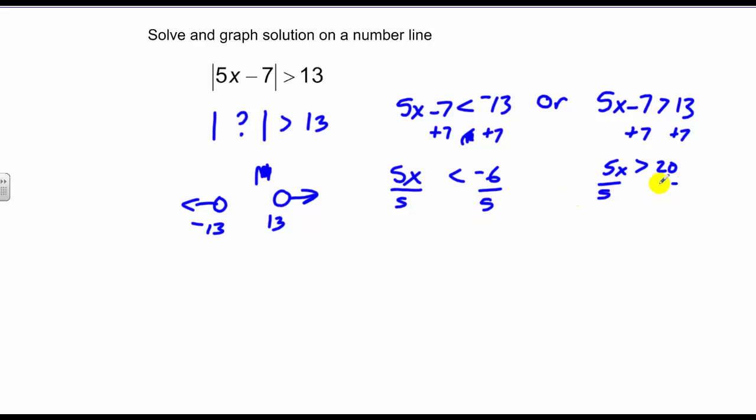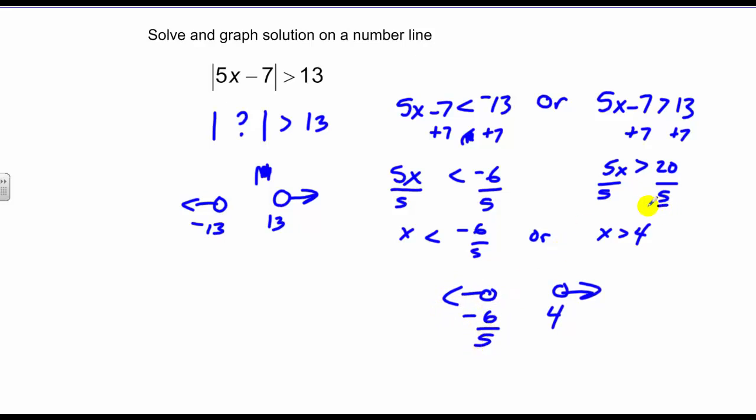No need to flip the inequality because I'm dividing by a positive. So now I have two possible solutions. X is greater than 4, or x is less than negative 6/5.